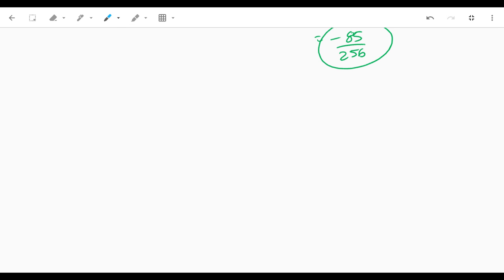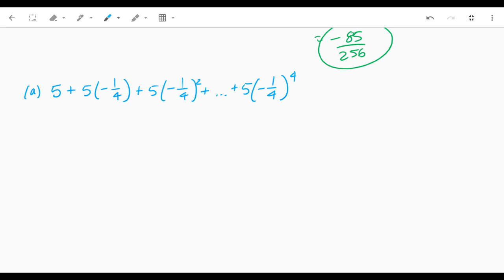So the next one we have is 5 plus 5 times negative 1/4 plus 5 times negative 1/4 squared plus 5 times negative 1/4 to the 4.